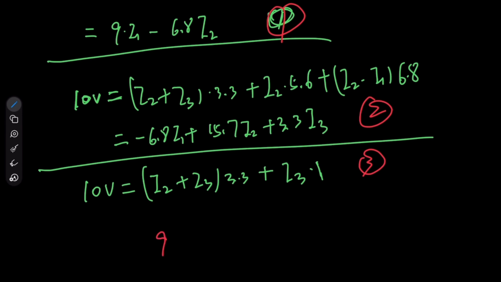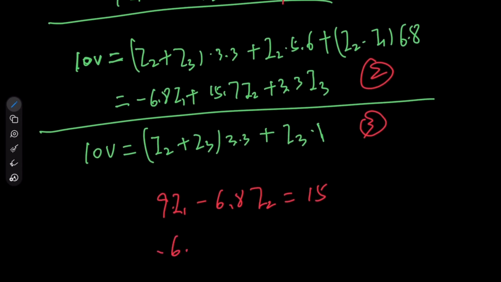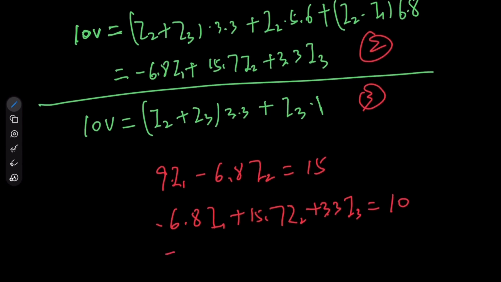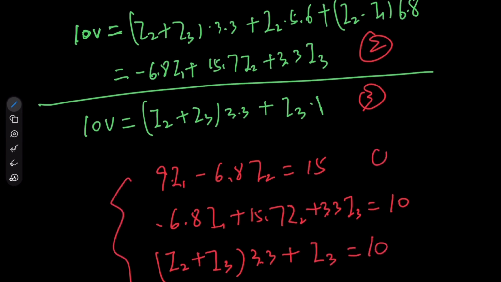So basically 9 times I1 minus 6.8 I2 equals 15. Minus 6.8 I1 plus 15.7 I2 plus 3.3 I3 equals 10. We also have I2 plus I3 times 3.3 plus I3 equals 10. So we have equations 1, 2, 3.